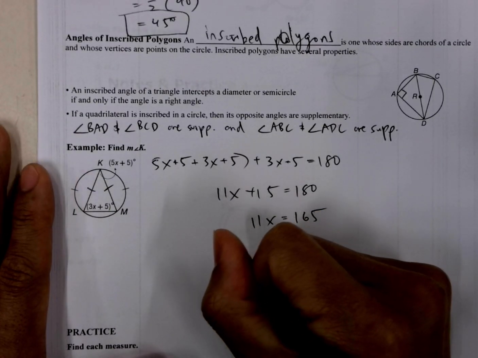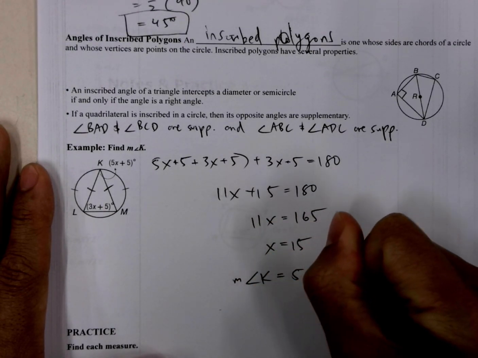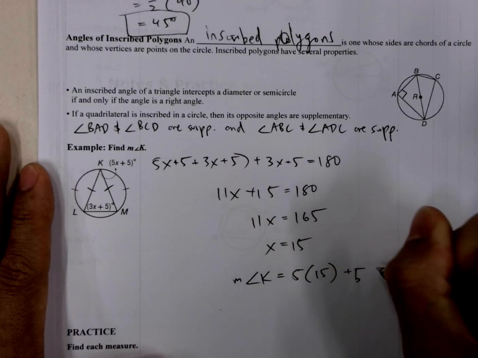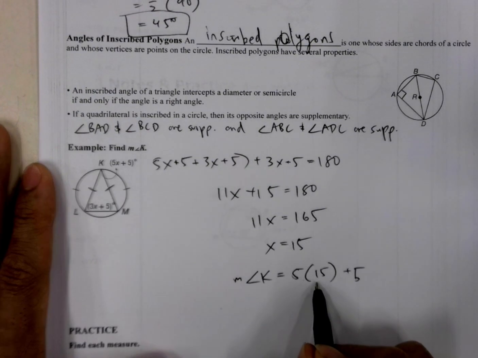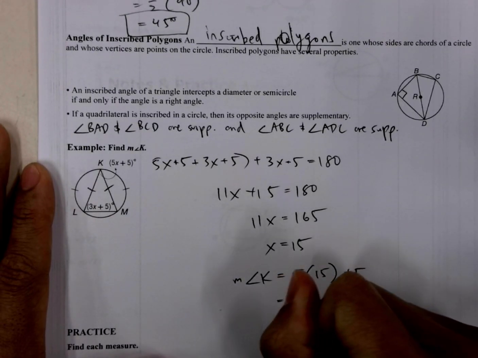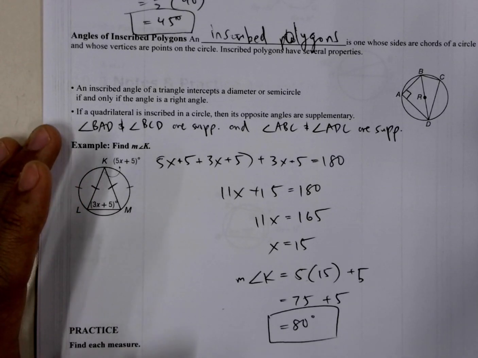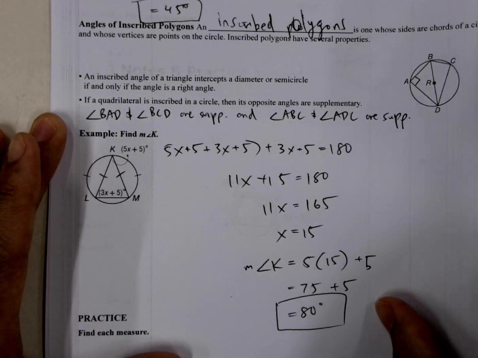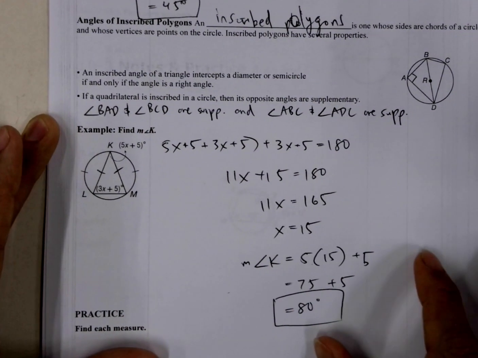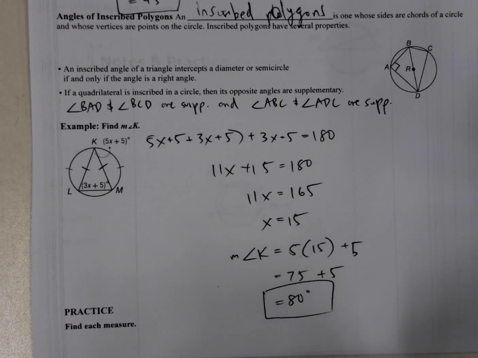The measure of angle K is equal to 5 times 15 plus 5. So this is going to be 75 plus 5, which equals 80 degrees. And we're done.